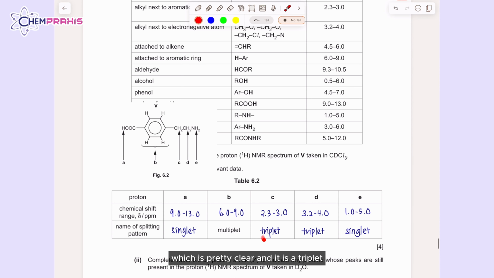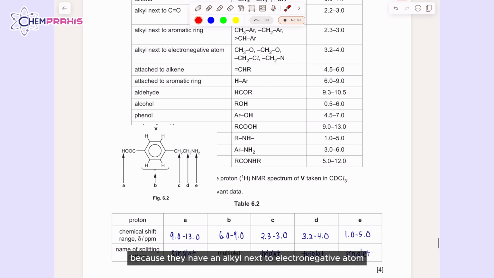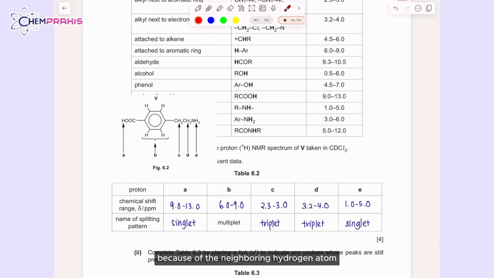And it is a triplet because they have neighboring hydrogen atoms, which is 2. And for D, this is 3.2 to 4.0 because they have an alkyl next to an electronegative atom, and this electronegative atom is the nitrogen. They are triplet as well because for the neighboring hydrogen atom, we consider C only.